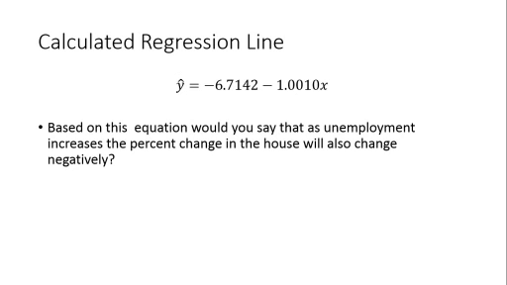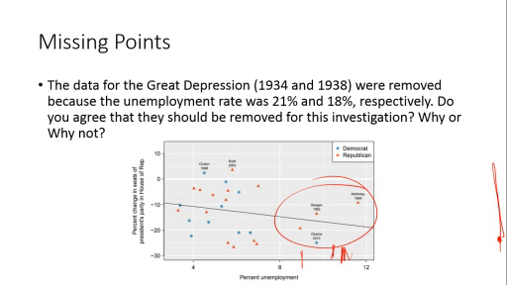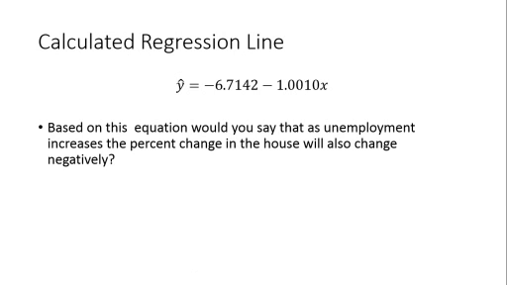That is the line of regression, which is the solid line in this graph. So based on this equation, would you say that as unemployment increases, the percent change in the house will also change negatively? As unemployment increases, would the percent in the house decrease?